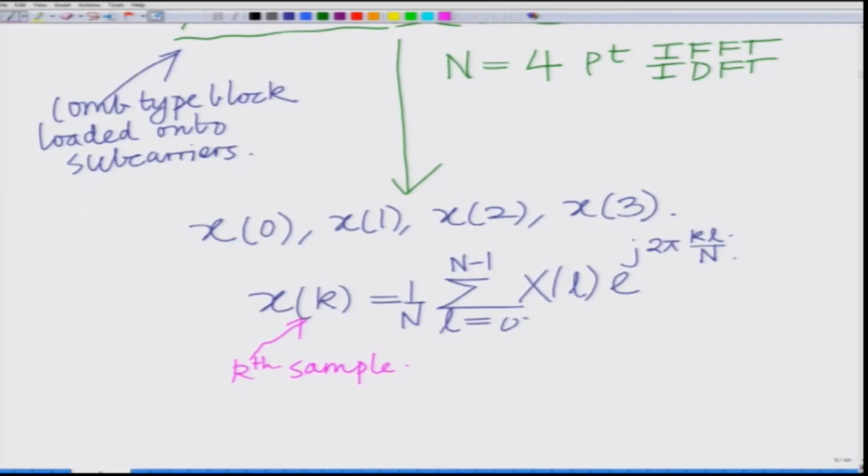Once you generate the time domain samples, the next operation is also identical: you take x3 from the tail of the block and prefix it at the head.